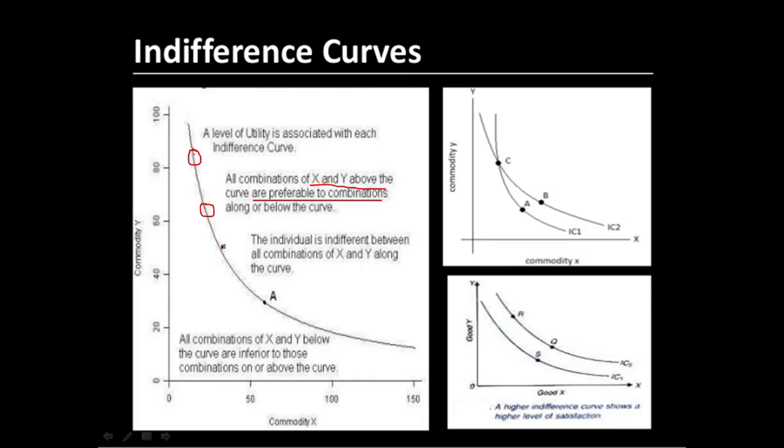That is why two ICs will never intersect like this, because IC2 gives a higher level of satisfaction and IC1 a lower level.